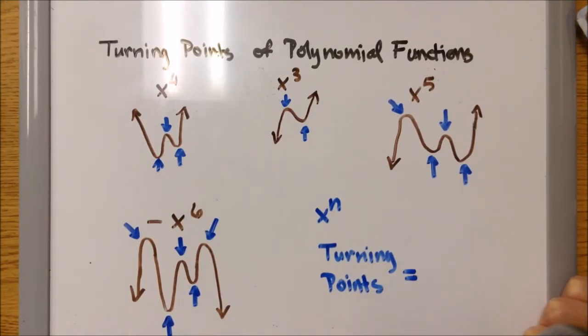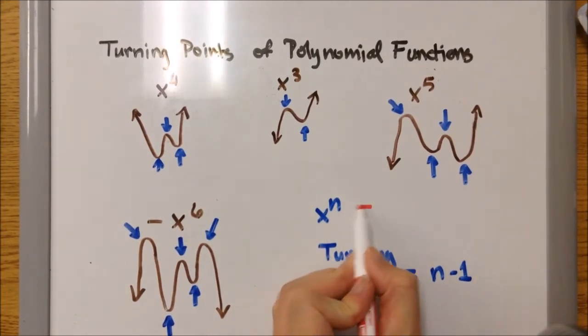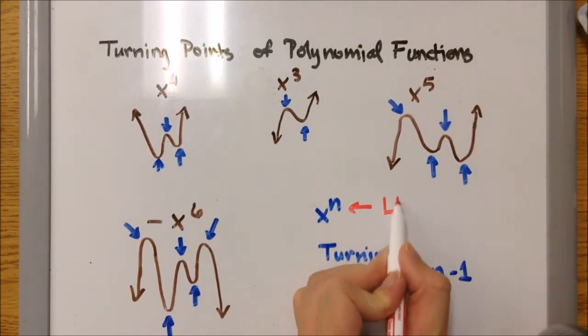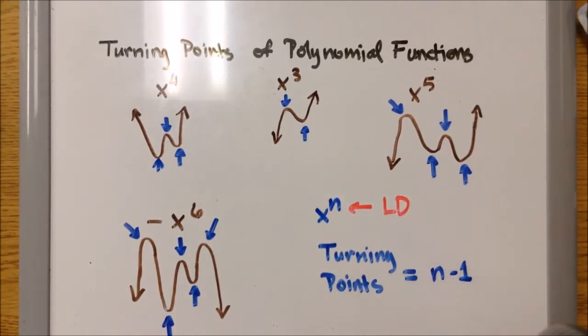Usually, and I use the keyword usually, equals n minus 1. So most times when you have x to the n power, let me specify that n is the leading degree.